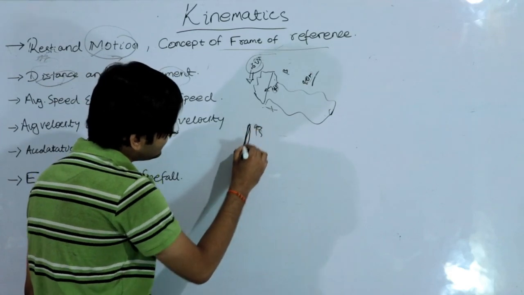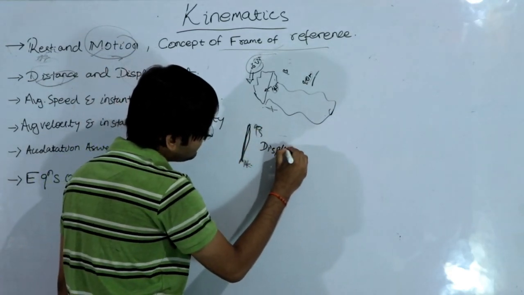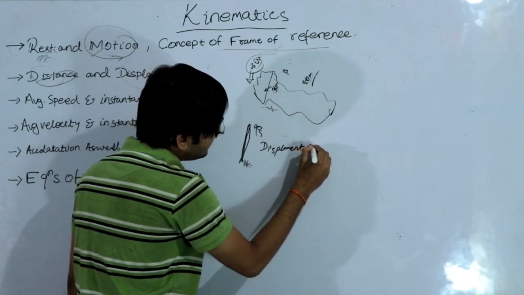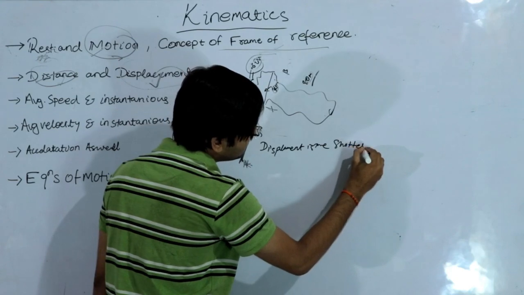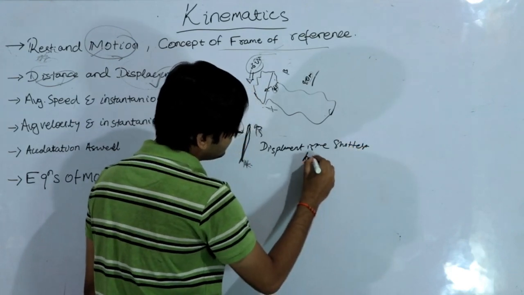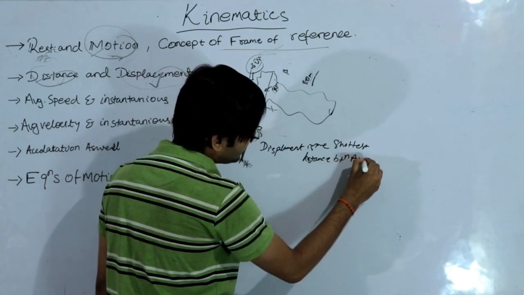So displacement is the shortest distance between any two points.